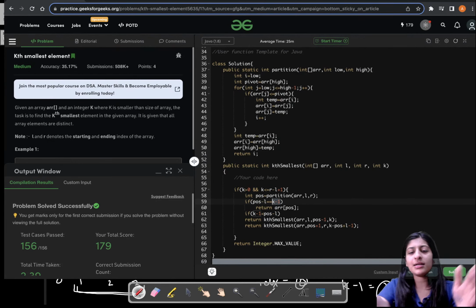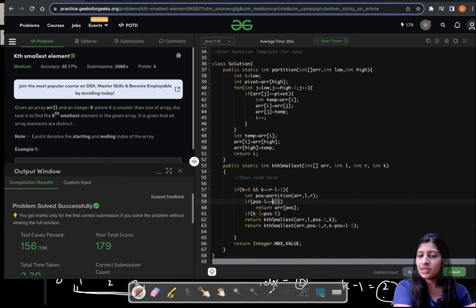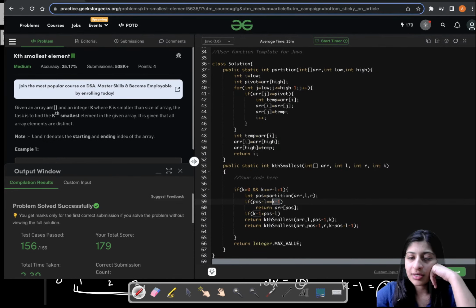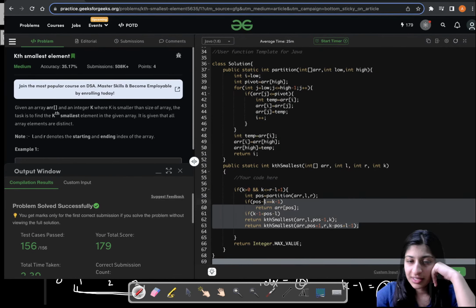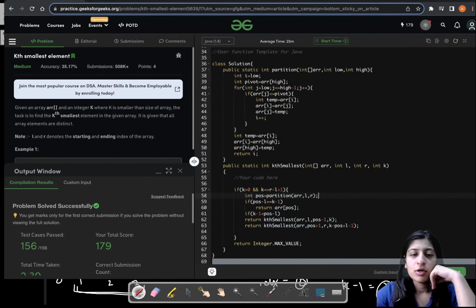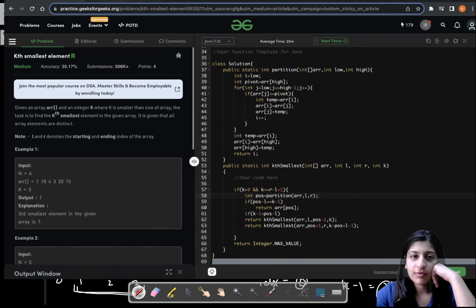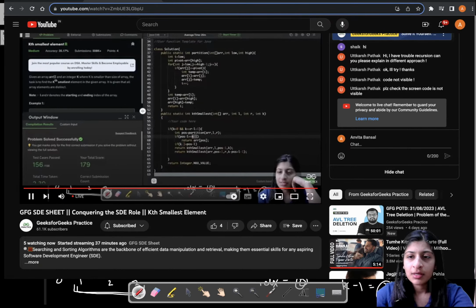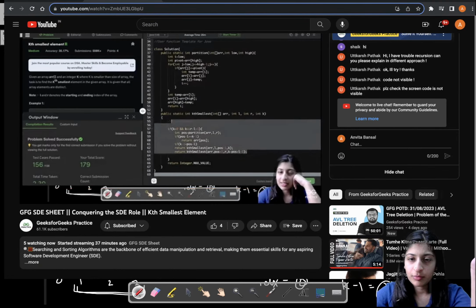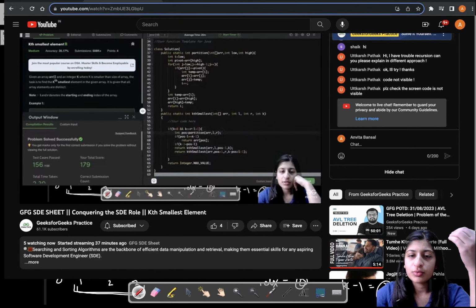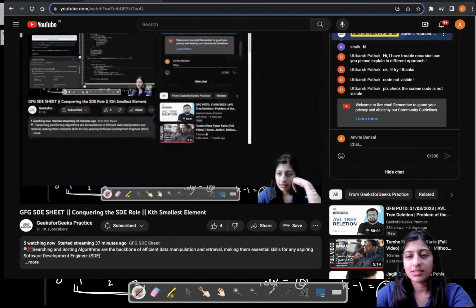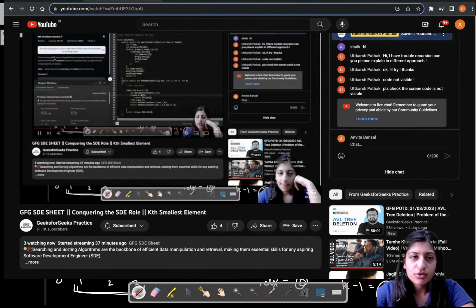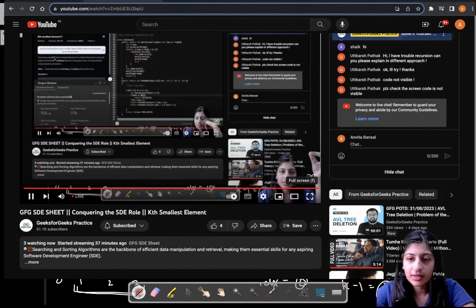Otherwise, either it is in the left half of your position index or in the right half. Accordingly, you do the recursive calls with the right ranges, and that's how you return. Even if you haven't understood it, go through the problem that we discussed on the blackboard. Just go through the iterations and you will understand this problem. So this is all about it. If you have any doubts, you can ask me.